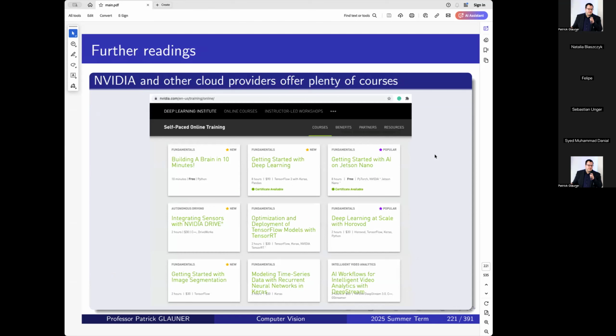If you want to learn more about deep learning and convolutional neural networks, there's lots of resources available. There are obviously courses like Coursera, Udacity. NVIDIA offers plenty of courses that you can look up at their Deep Learning Institute. So this is not an advertisement for NVIDIA, yet a lot of hardware we use in our labs is from NVIDIA.